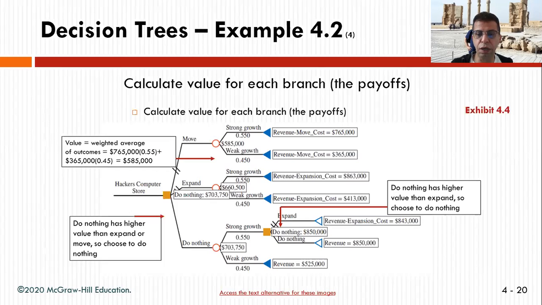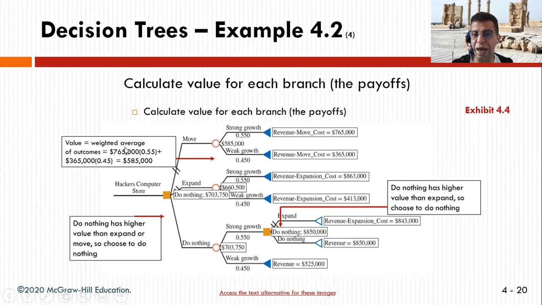And to do the calculation, let's look at the first one. You have a strong growth, which is 0.55, and weak growth 0.45. And you multiply 765 by 55%, and you multiply 365 by 45%, and this is the calculation.